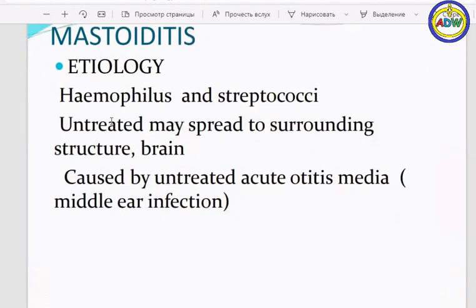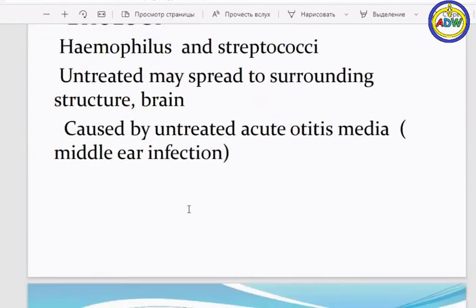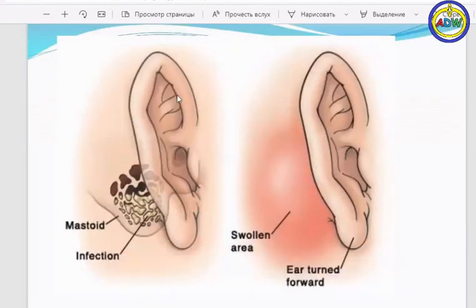What about mastoiditis etiology? H. influenzae, Haemophilus, and Streptococcus. Untreated, it may spread to surrounding structures and the brain, caused by untreated acute otitis media. And you can see what kind of view there will be. For example, this is the mastoid, located behind the pinna. If infected, you can see this swollen area, hyperemia, and when it is palpated, it is very painful.